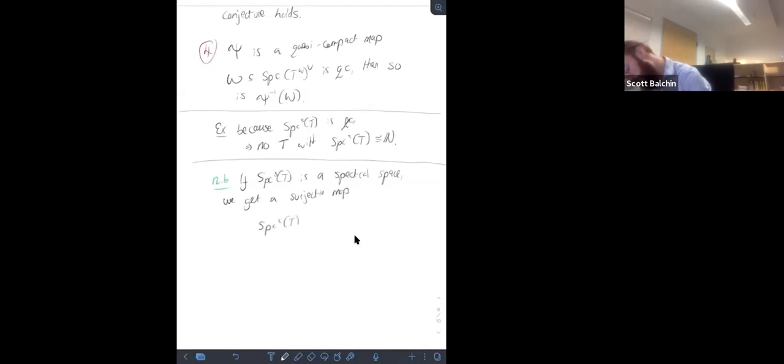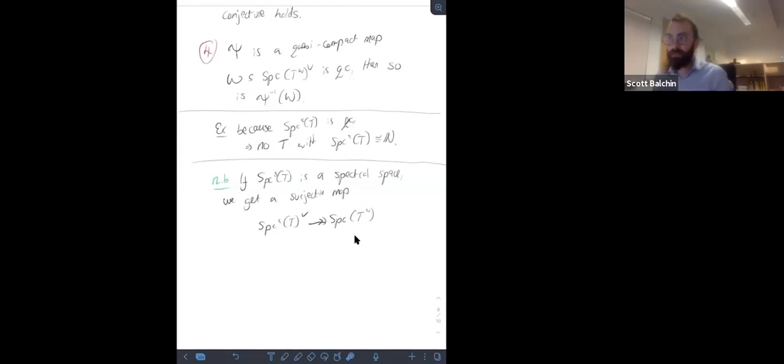Now I could take the dual of the smashing spectrum into the Balmer spectrum. This is surjective. And in Balmer's original paper on the Balmer spectrum, he proves that the support for the Balmer spectrum is the universal such support. And then we can rely on that to get some of our results as well. So it lets us sidestep some things.